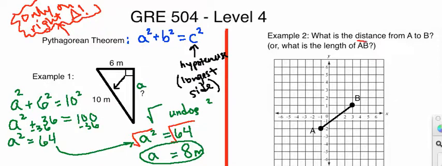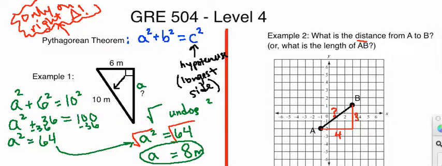In order to do this, before you know the distance formula, it's a lot easier to just impose a right triangle right onto our coordinate plane. And if we look here carefully, you can tell how long the sides are by counting the tiles. So 1, 2, 3, 1, 2, 3, 4. And our missing side is the hypotenuse, or C.